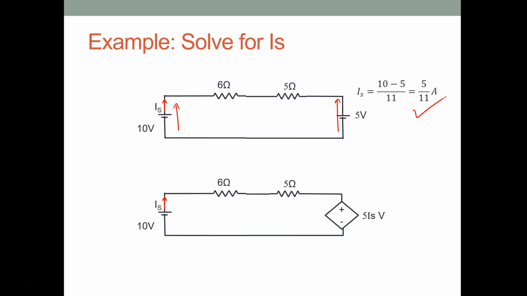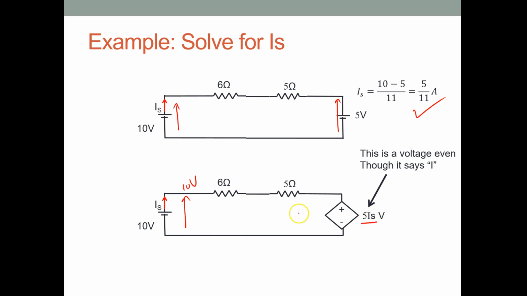So that's very simple. Now if we have a dependent source instead, we know this is 10 volts here, but we have here 5 IS volts. Now notice that this is a voltage even though it says IS. IS is the dependent variable. So this is the variable that the voltage depends on.